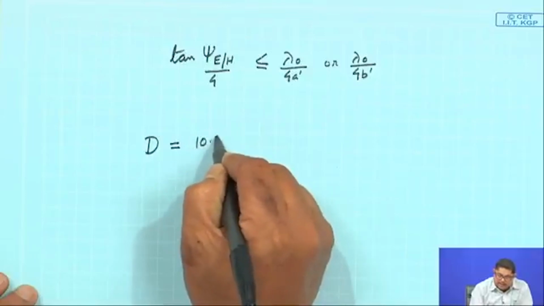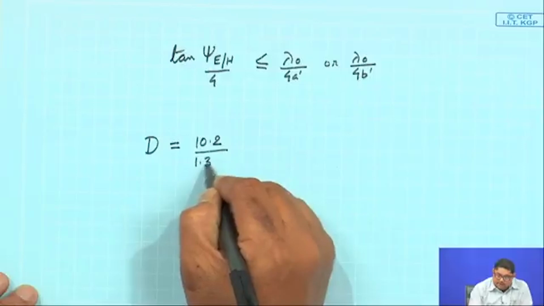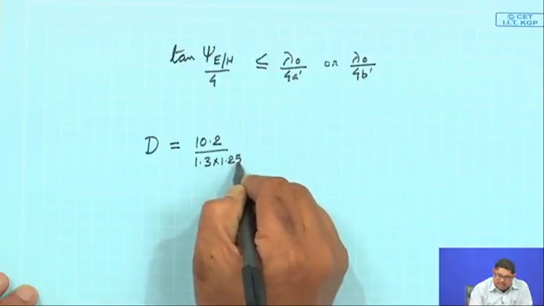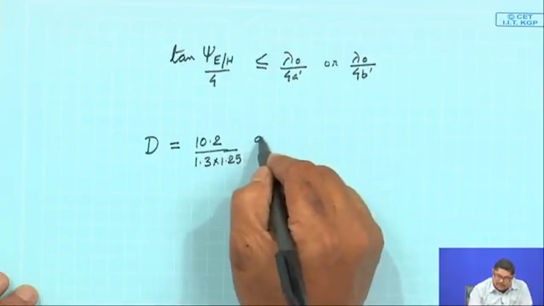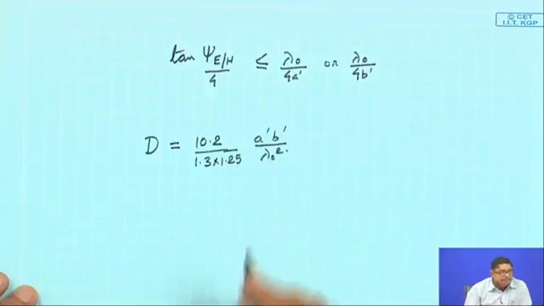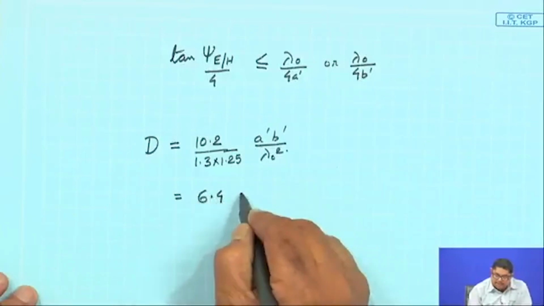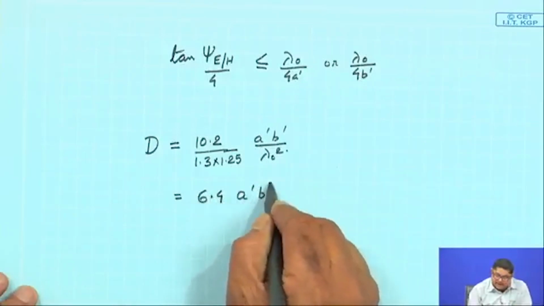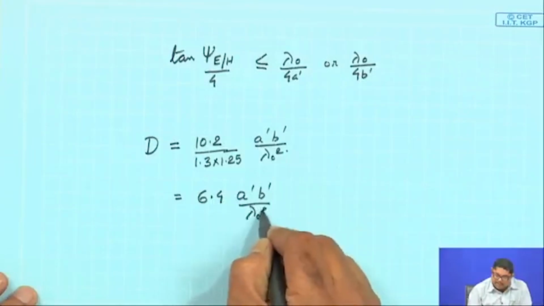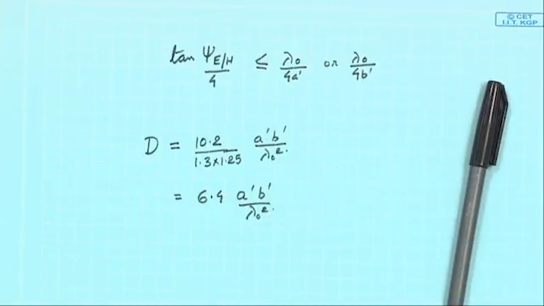I can write 10.2, then divided by 1.3 into 1.25, then A dashed B dashed by lambda naught square. So, this becomes actually this famous formula 6.4 A dashed B dashed by lambda naught square. This is the gain of a pyramidal horn.